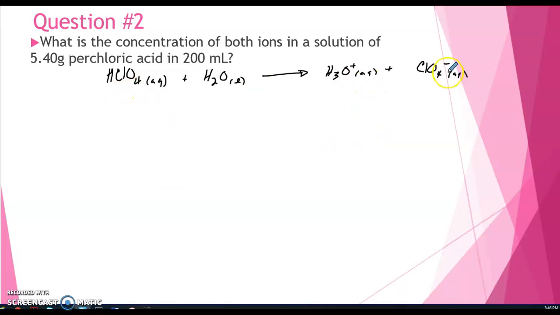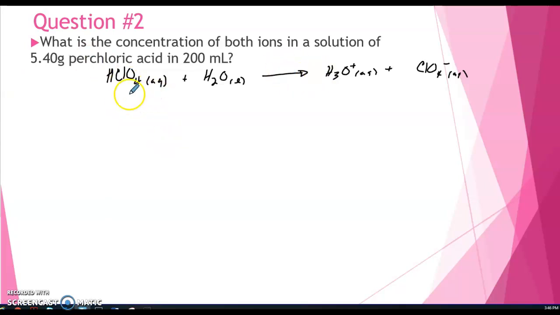So here is our equation that we got to start here. This is a nice segue into understanding what stoichiometry is going to look like, because this is kind of what we do in our stoichiometry.